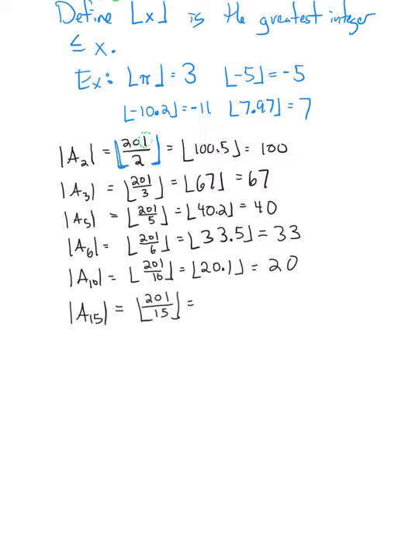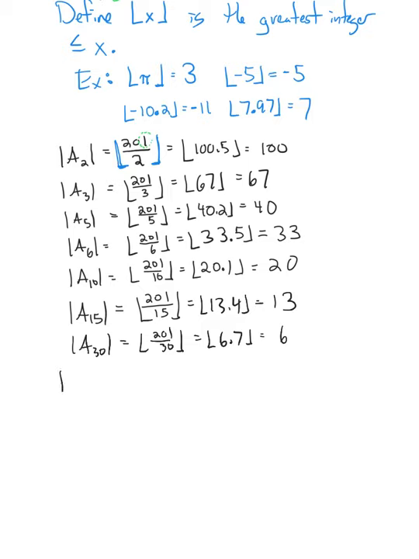That is 201 divided by 15 is 13.4, which of course rounds down to 13. And then A30 is 201 divided by 30, which is 6.7, which rounds down to 6.